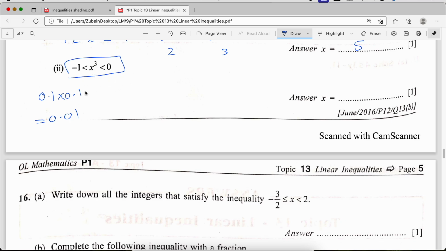That would just satisfy. So I'm taking minus, minus, and another minus. Minus 0.1, so that would be just 3 zeros, that is 0.001 with a negative sign, which is obviously between -1 and 0, so x could be negative 0.1.